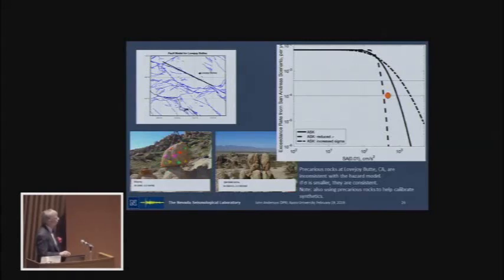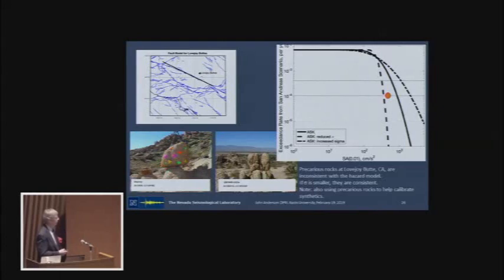The solid line over here on the right is showing essentially peak acceleration and the exceedance rate for this site called Lovejoy Buttes, which is in the Mojave Desert of California, north of the San Andreas Fault. Here's the San Andreas Fault coming through like that. This site is just 15 kilometers away from the San Andreas Fault. In fact, there's the fault in the background of this figure.